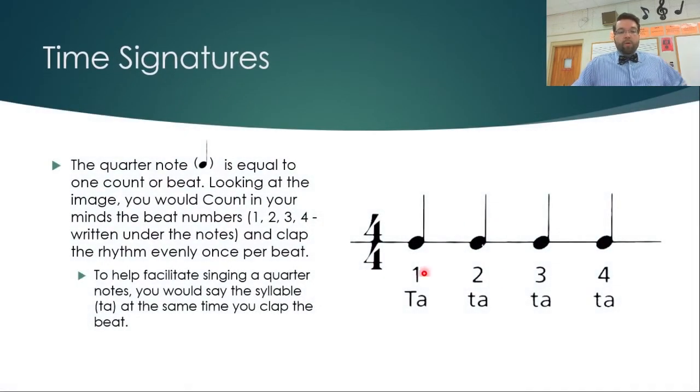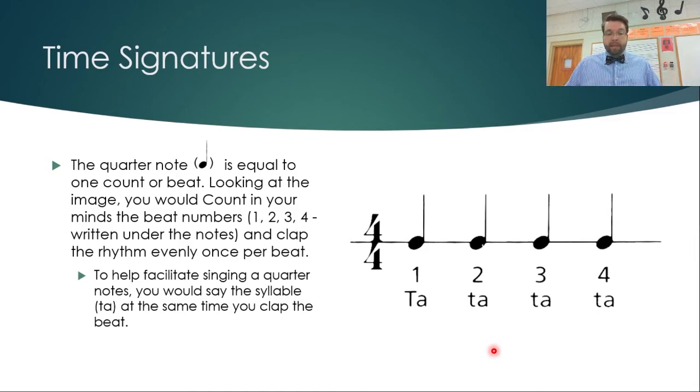Now, quarter notes are equal to one count of beat in this 4/4 time especially. The top 4 tells us there are 4 beats per measure. The bottom 4 tells us that the quarter note is what is getting the beat, as we see here in this exercise. And we would sing this thusly: Ta, ta, ta, ta.